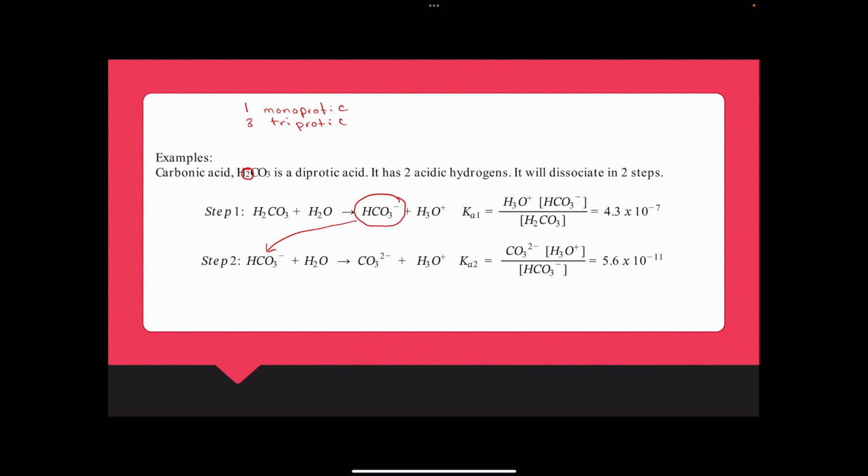Each step is an equilibrium, so each step is represented by an equilibrium expression. It has a corresponding K value. Notice if we compare the K for step 1 to step 2, the K for step 2 is significantly smaller than the K for step 1.